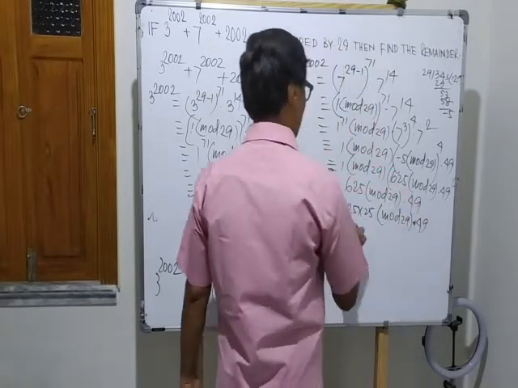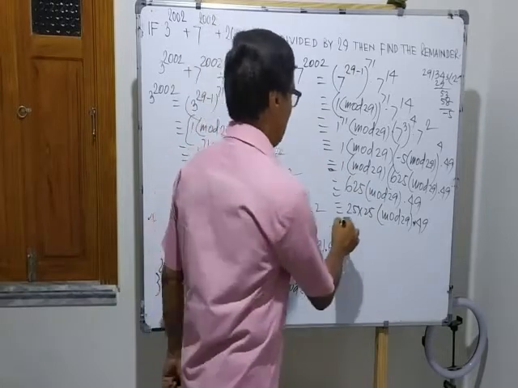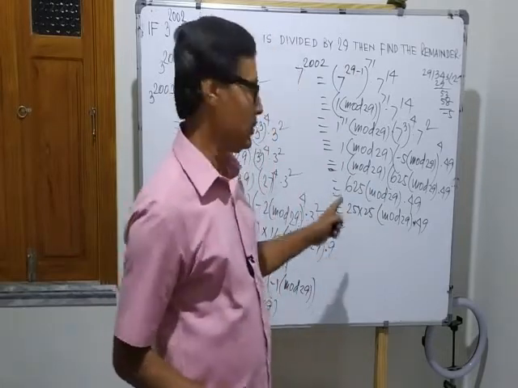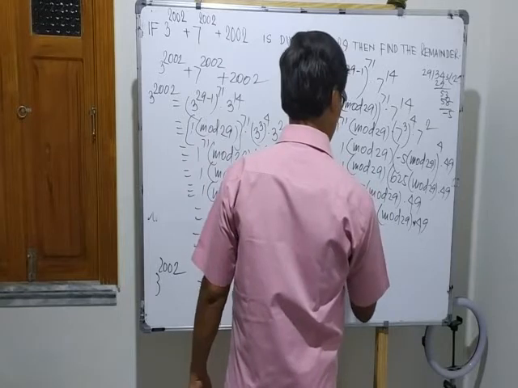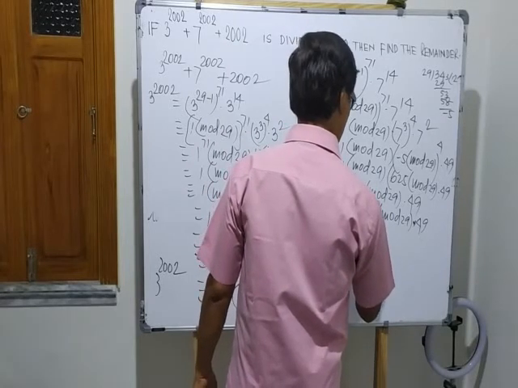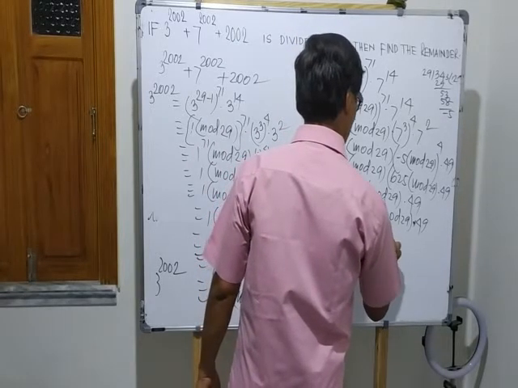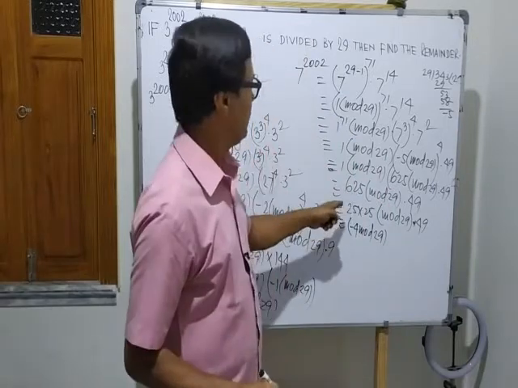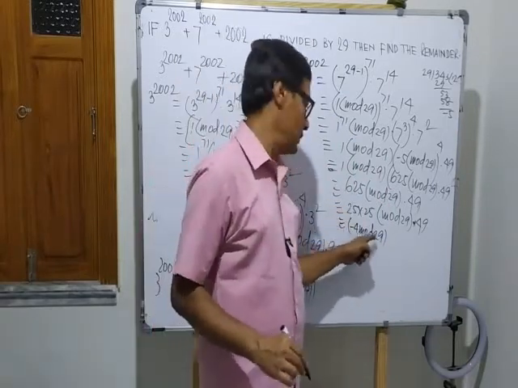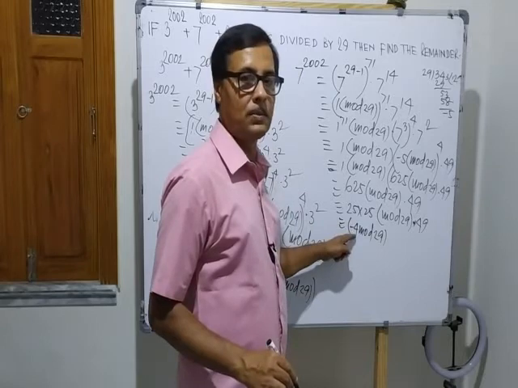25 is congruent to minus 4 modulo 29, because if 25 is divided by 29, then we get the remainder as minus 4.